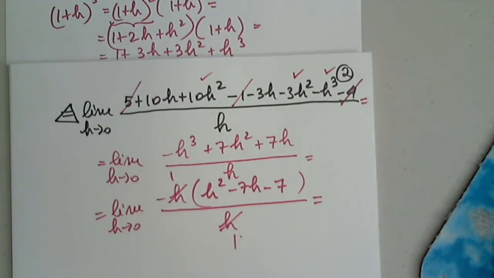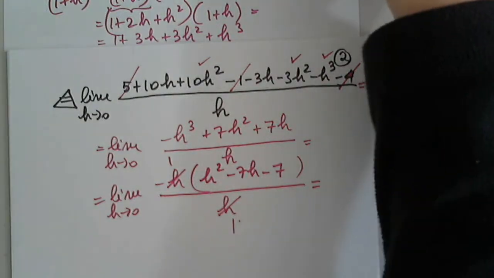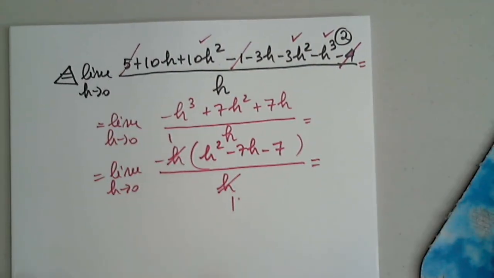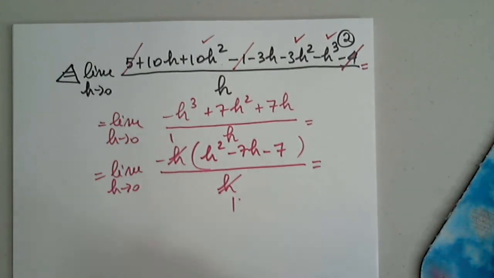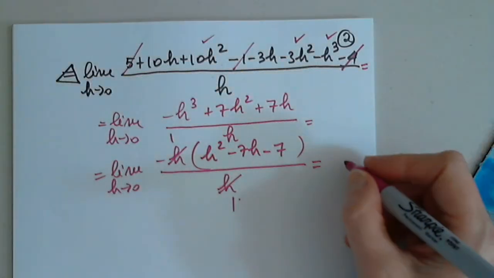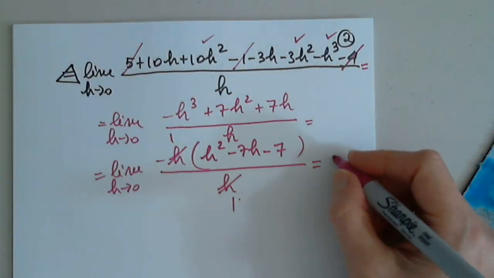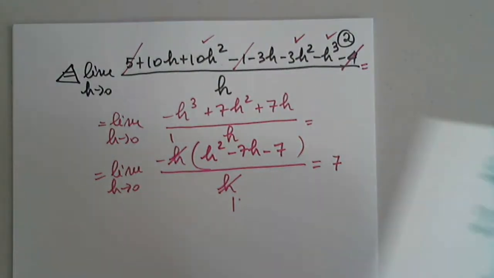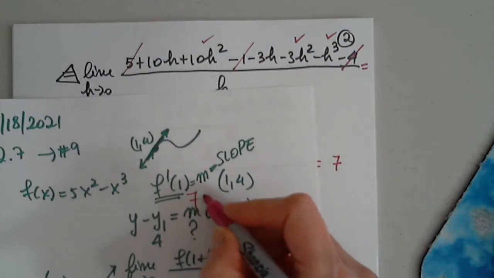So you want to write it again? Is that what you're saying? Oh. I was going to drop the limit operator and just write the answer. Just do negative 7? But there is a negative in front. 7. 7? That's it. So now we can go back and plug in 7 here.